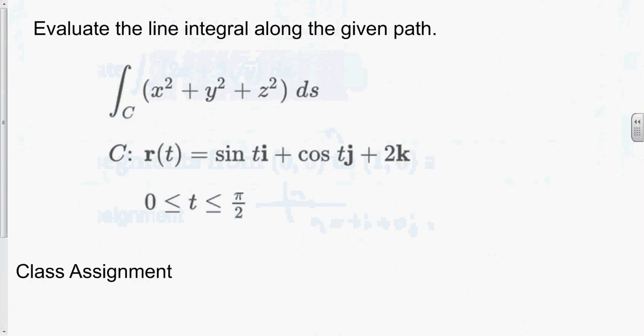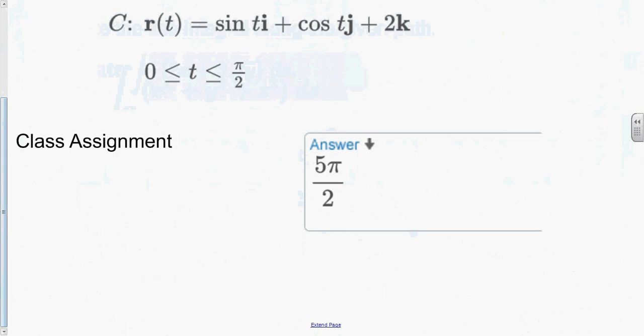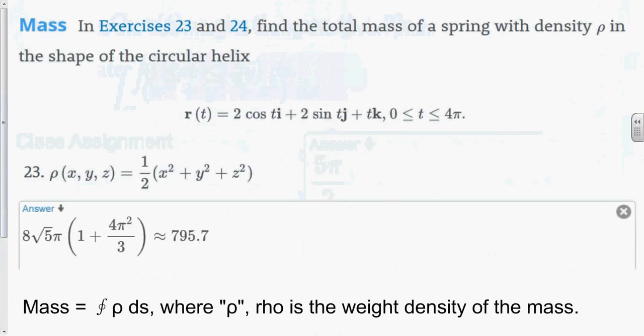Okay, that's a good one. Let me move on to calculating the total mass of a spring. Here, find the total mass of a spring with density rho, the weight density, in the shape of a circular helix.